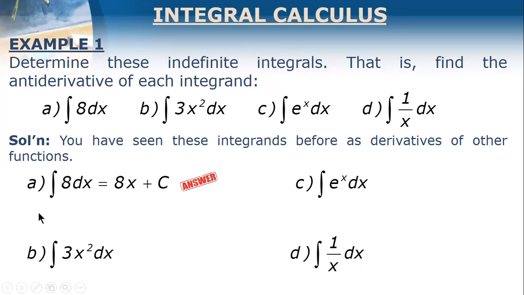Letter B. If 3x squared is a derivative, think of a function whose derivative is 3x squared. You differentiate, and the derivative is equal to 3x squared.